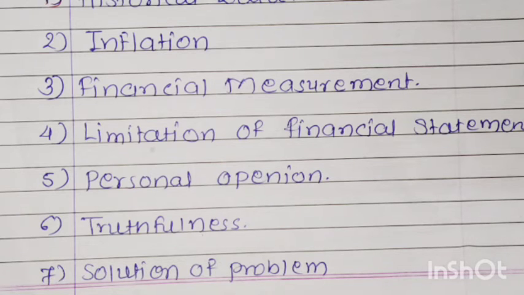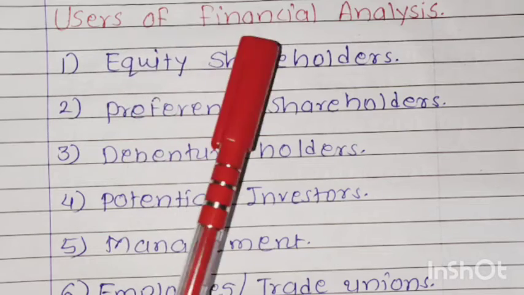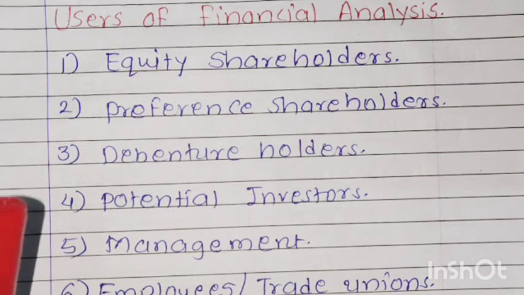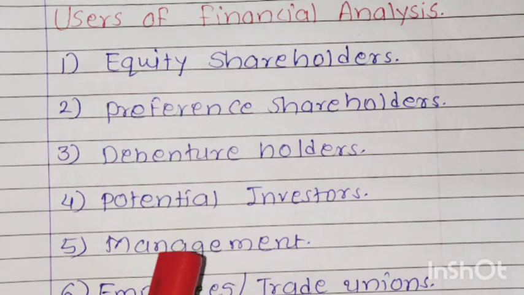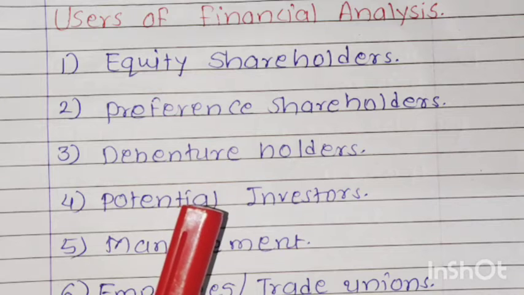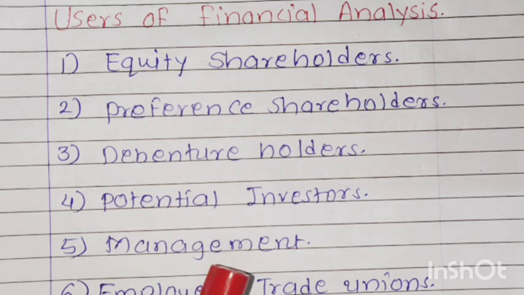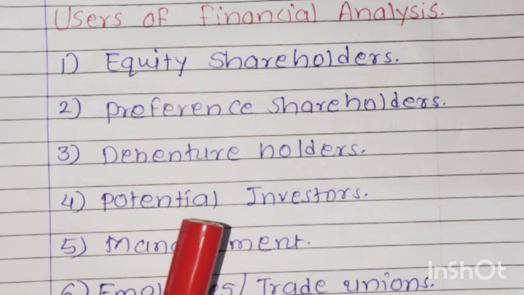Understand? Now moving to the next point. Users of financial analysis. Following are the users of financial analysis. The information disclosed in the financial statements can be used directly by the stakeholders, but after having analysis of financial statements, the information of financial statements becomes more precious and understandable.